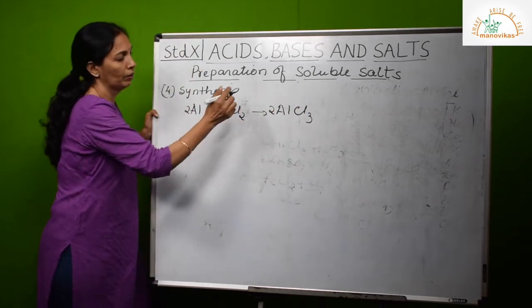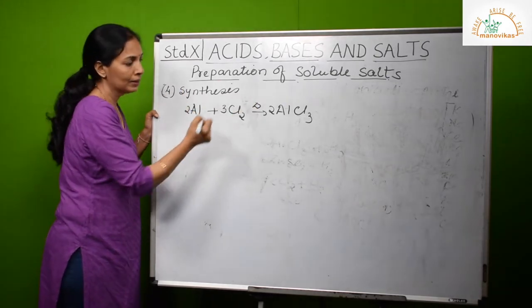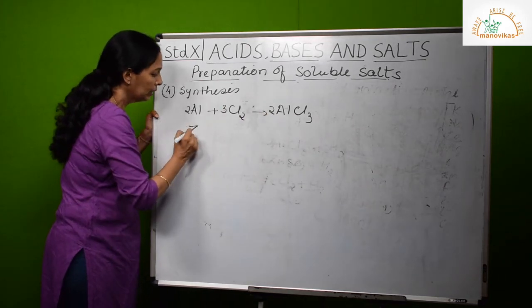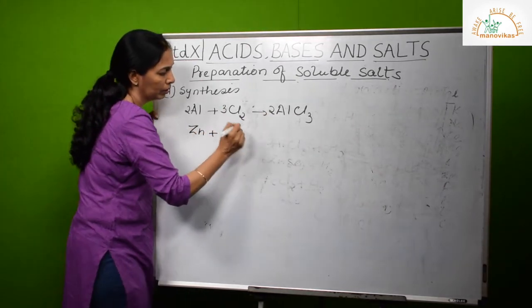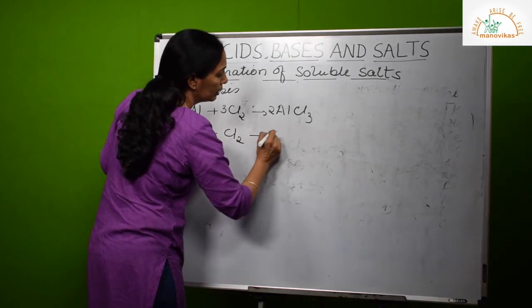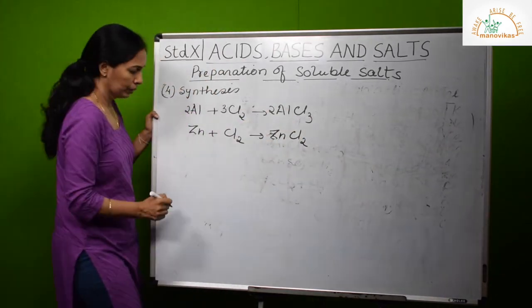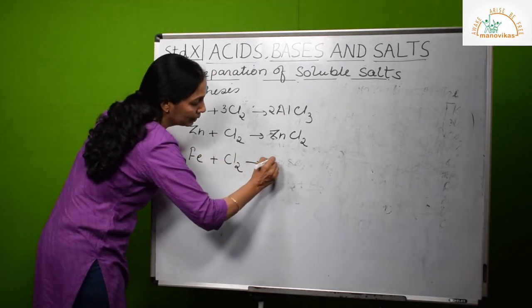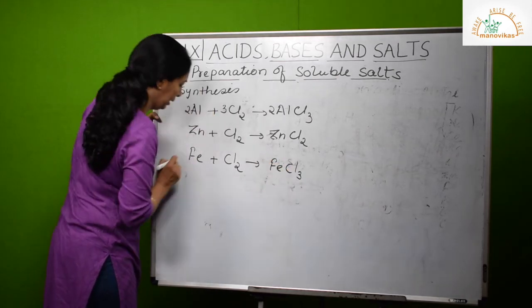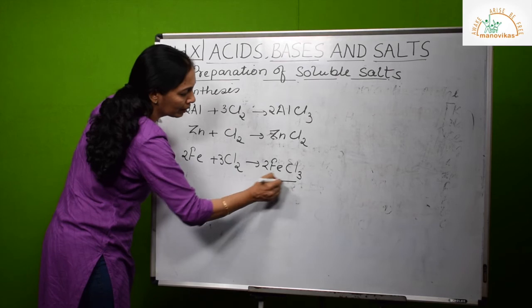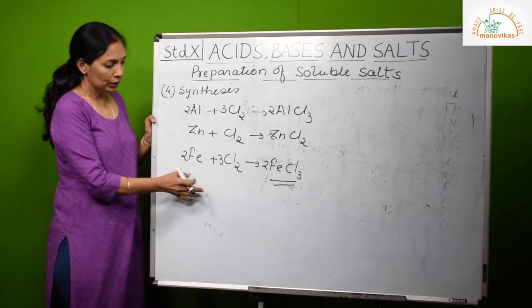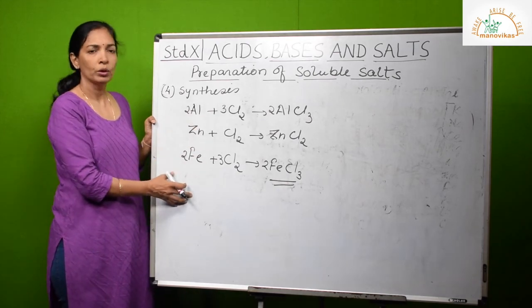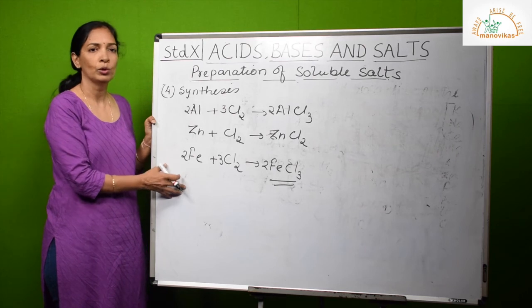Zinc, you pass chlorine gas, you get ZnCl2. Similarly, iron is heated and chlorine gas is passed, then you get FeCl3. So look here, you are getting iron 3 chloride. This is the way iron 3 chloride is prepared. So this is the fourth method of preparation of soluble salts.